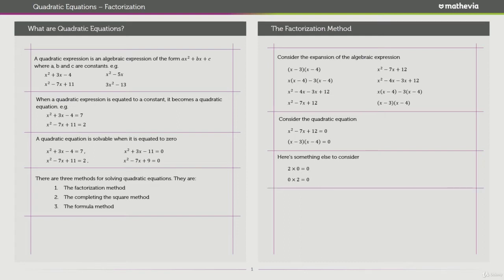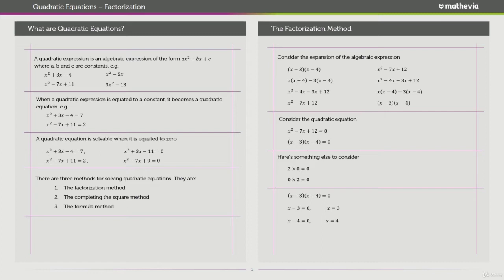Okay? And basically, if we were to apply this to solving this quadratic equation, at this point we're at x minus 3 multiplying x minus 4 equals 0. We want to apply what we just learned to solving this. I believe you would agree with me that the only way x minus 3 multiplying x minus 4 gives you 0 is if x minus 3 was 0 or x minus 4 was 0.